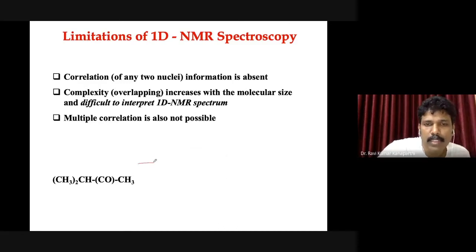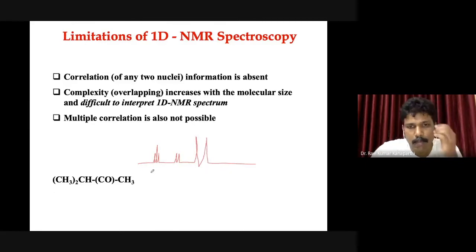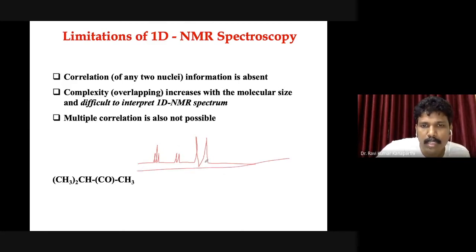For example, if you take ethanol, we have a nice triplet, then a nice doublet, and all those things. These are very nice signals. But what I'm trying to say is that if you have a bigger molecule, they all come together and resonate, and you don't see these well separated peaks. Everything will be very complicated.